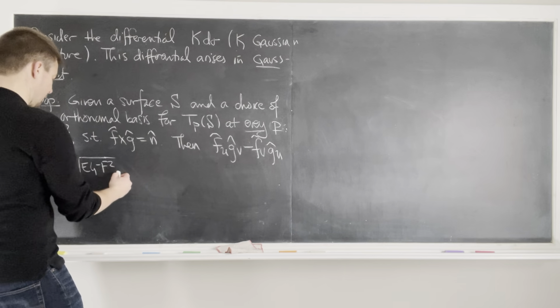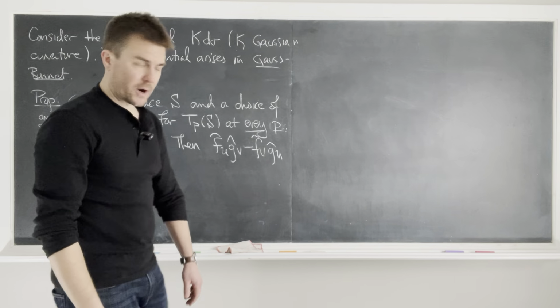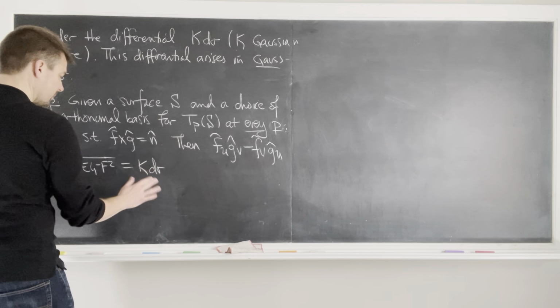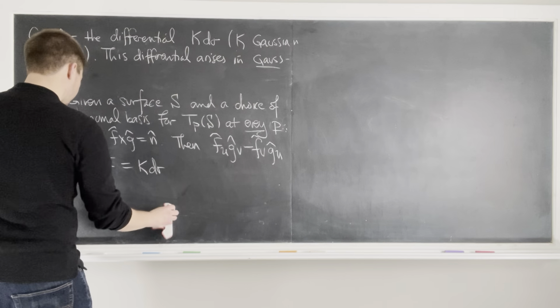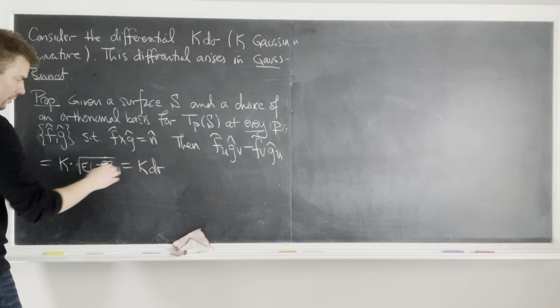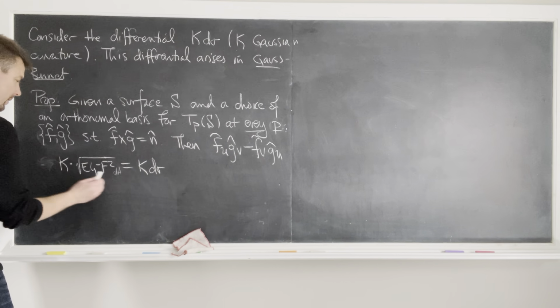Which exactly is just K dσ, the surface area element, with a dA, of course. So K dA. That's our surface area differential, okay? And I really need to put a dA over here to make sure that they're both differentials, okay? Excellent. This implies this is equal to that.